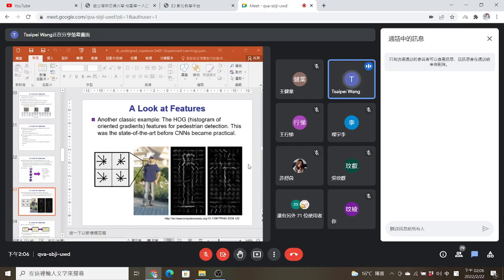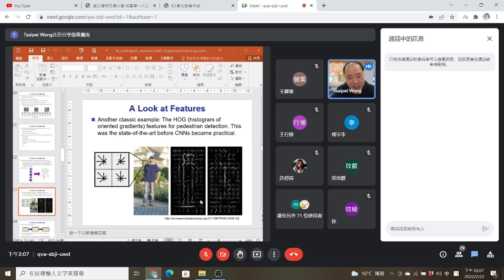This is another important feature, for human detection in images. It's particularly famous because before CNN came along, that was the state of the art. This feature is called histogram of oriented gradients. From the picture, of course, you can see those are the gradients.